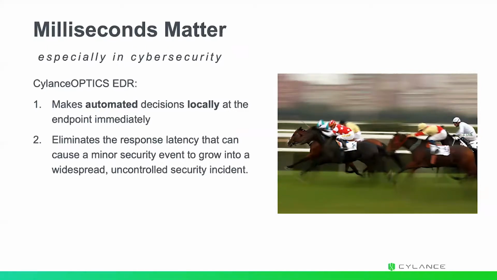It all happens locally and is very fast, so you can actually prevent things from happening before they're able to do any damage to the systems. And we'll show what that looks like in the demo and what some of those response speeds actually look like.